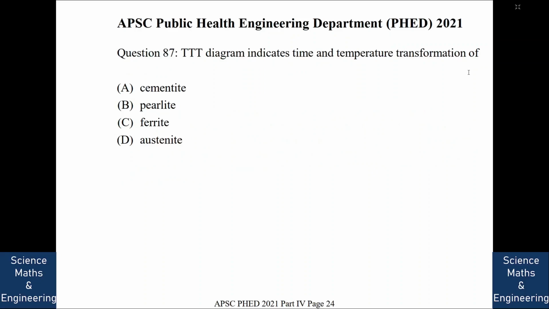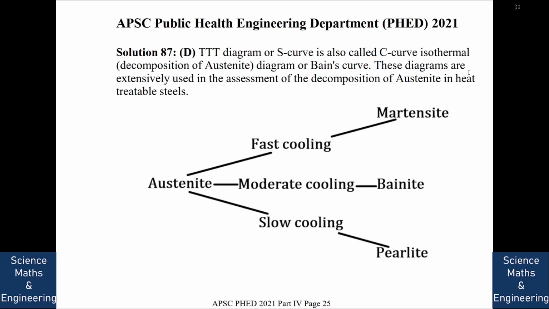The TTT diagram indicates time and temperature transformation of austenite. So what happens is that austenite, if we do fast cooling, gets converted to martensite. If we do moderate cooling, it will go to bainite, and if it's slow cooling, it is going to pearlite. So this is the decomposition of austenite.